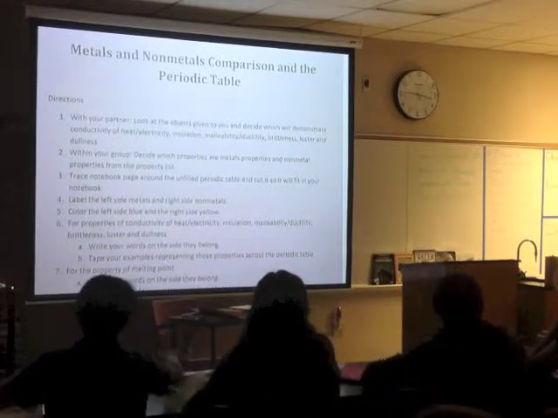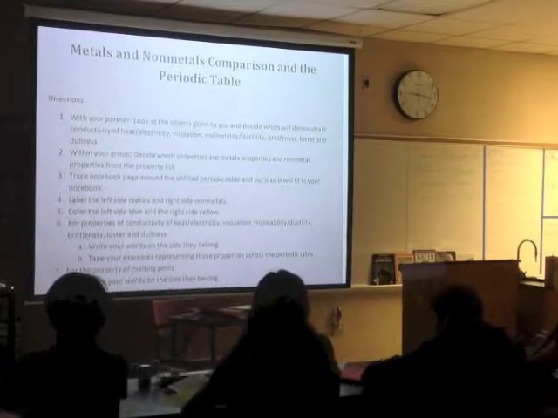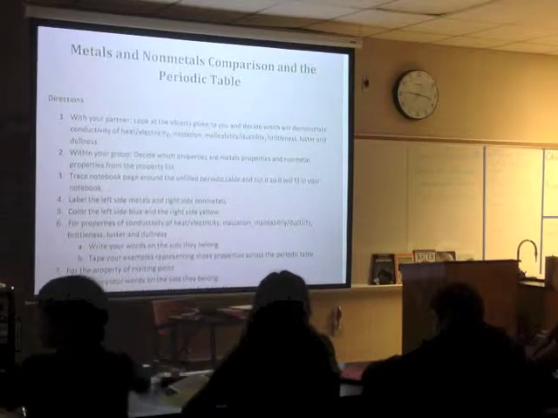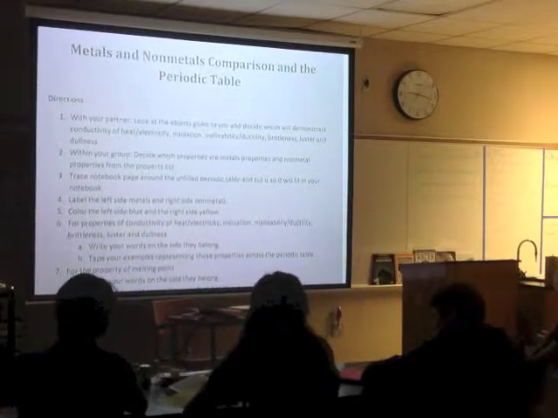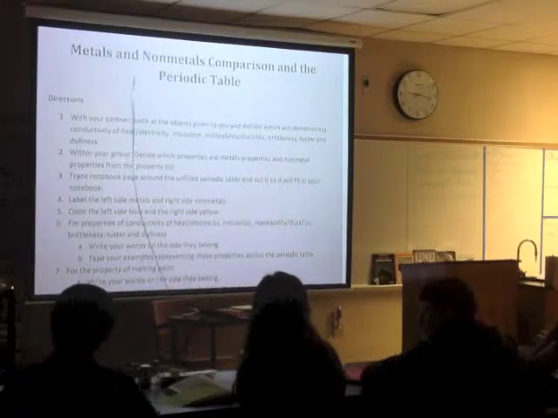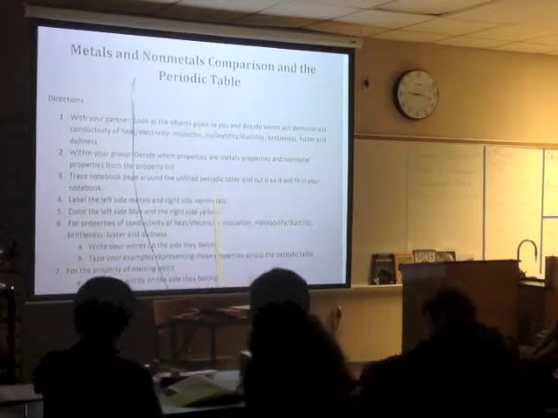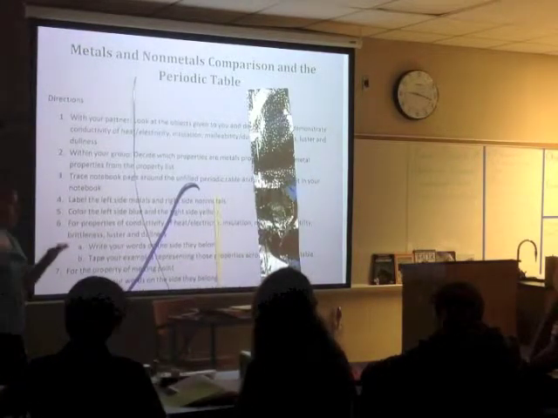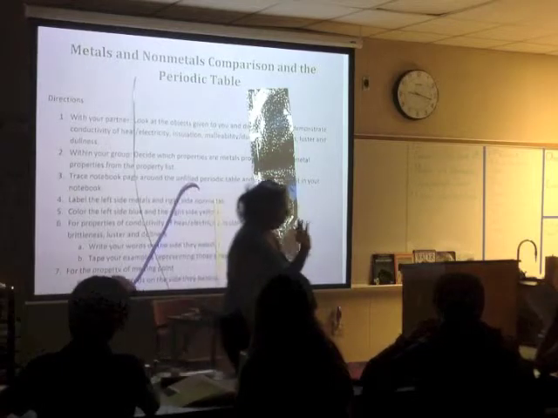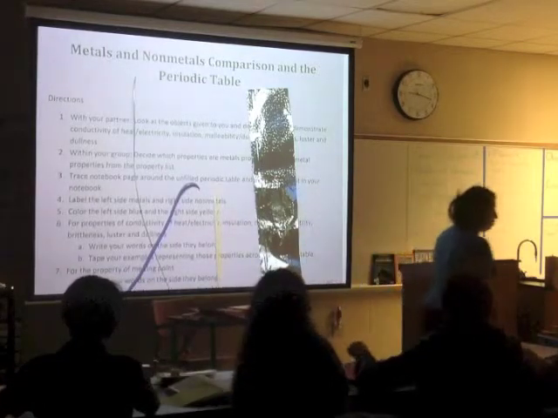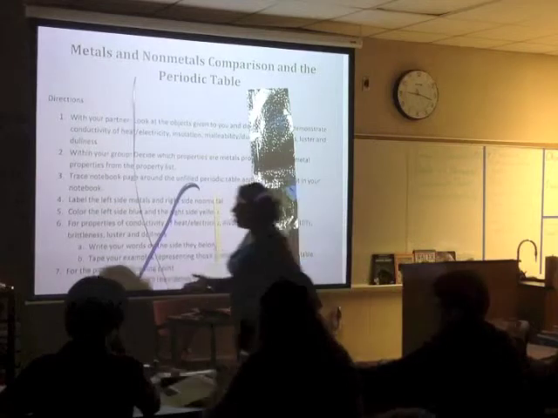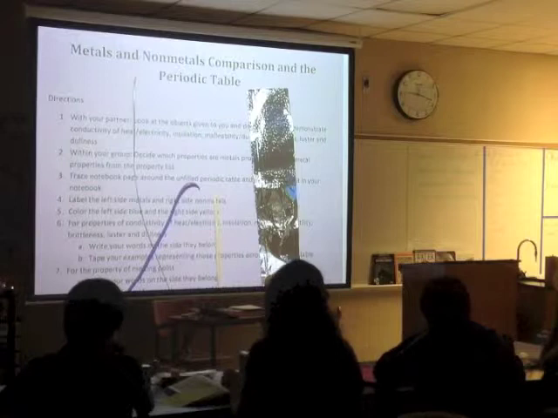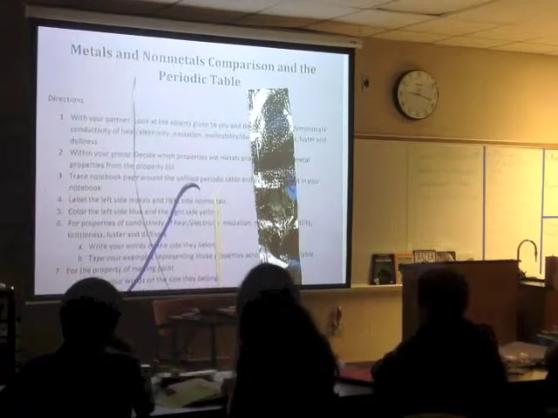So, when I let you go, you will basically get the following things. You're going to get wire, you're going to get a toothpick, a piece of plastic, aluminum foil, and then on your tables you should have a brown marker. Okay? So you're going to look at these objects and you're going to think about the properties of metals and non-metals.